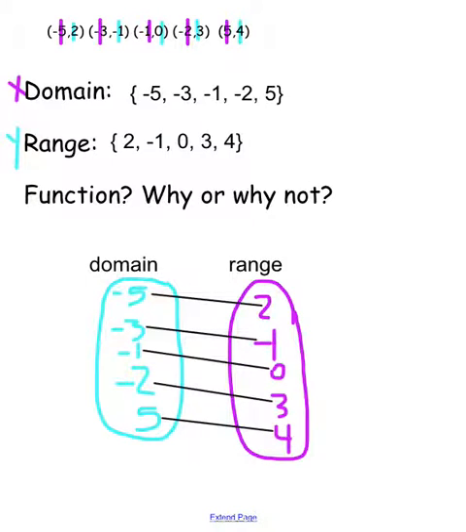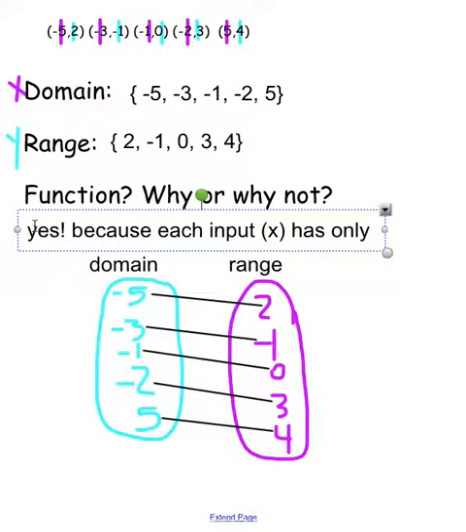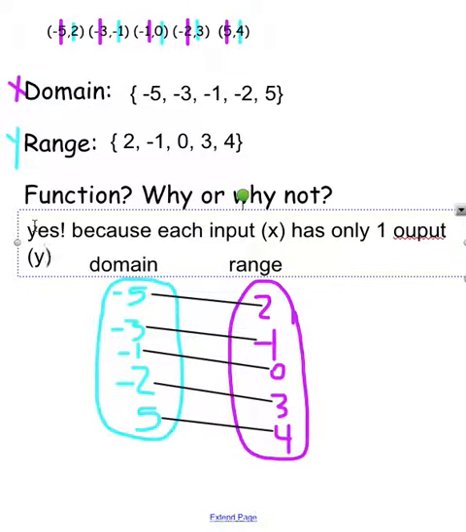I just have to ask myself, does each x have only one y? Yes. So is this a function? Yes, because each input for x has only one output for y.